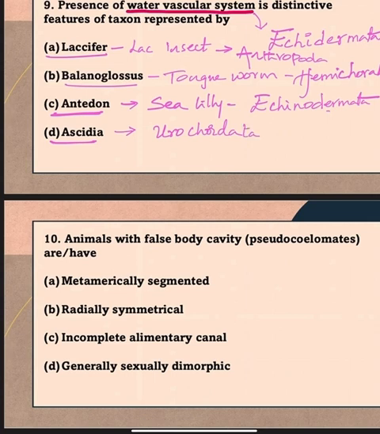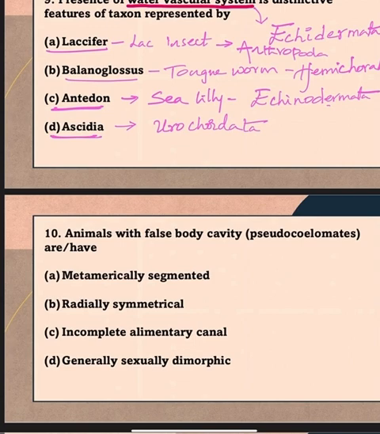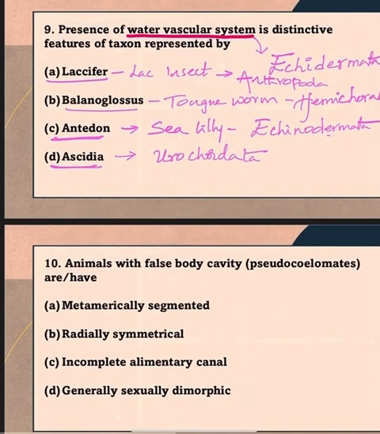Pyrosoma, Herdmania, Salpa, all of these come under Urochordata. Urochordata is also called Tunicata. Why? Because there is tunicin, a cellulose-like substance, covering these organisms. Hence we consider it Tunicata.